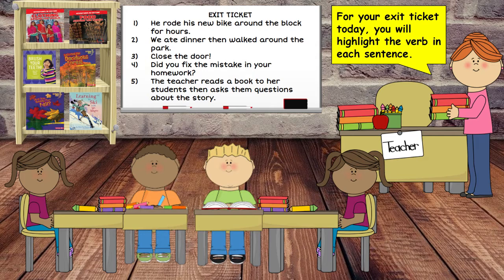Number 3, close the door. Number 4, did you fix the mistake in your homework? Number 5, the teacher reads a book to her students, then asks them questions about the story.